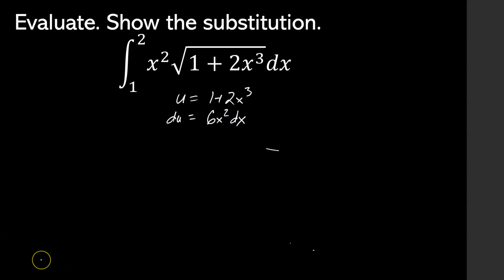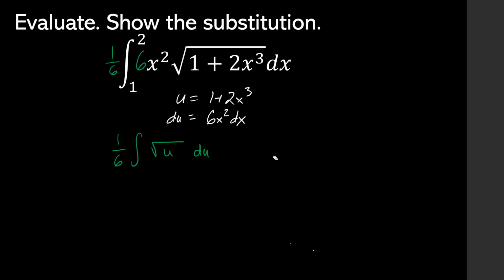And I don't have a 6x squared dx, so I'll make a 6x squared dx by multiplying and dividing by 6. So 1/6, 6x squared and dx become du. The square root of u.